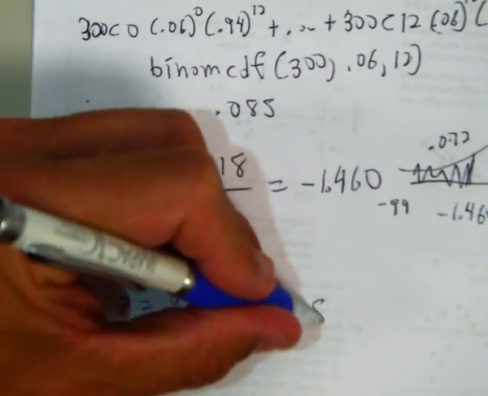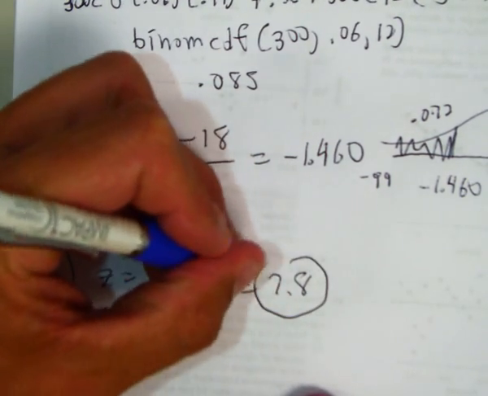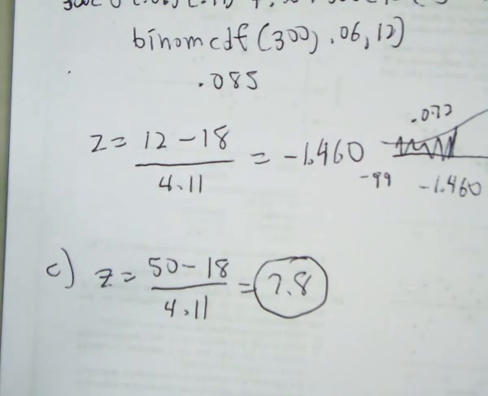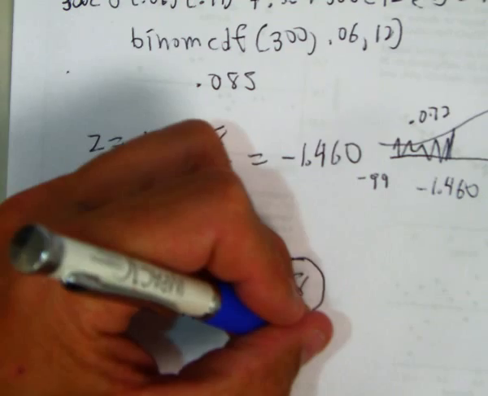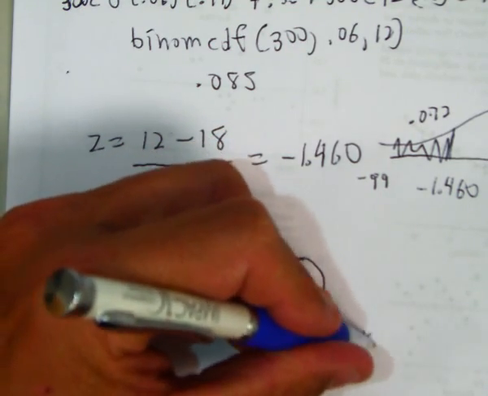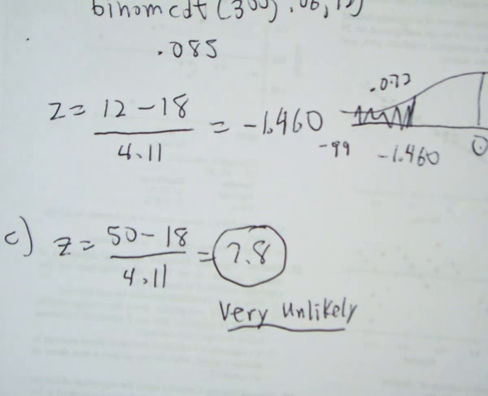So that's 7.8 standard deviations above the mean. That's clearly more than 2 standard deviations. That's more than 3 standard deviations. That is very, very unlikely. Okay, so I would say no. The probability of that happening is rare, if not close to 0.